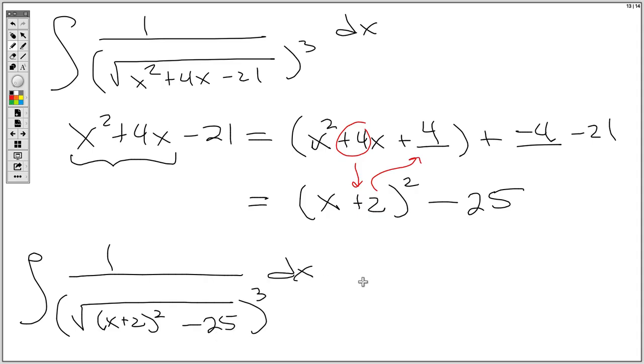Any questions on completing the square? So I've got a variable squared minus a constant squared. I can make that a little more precise. I can let u be what?